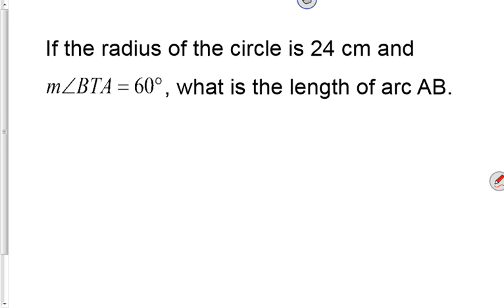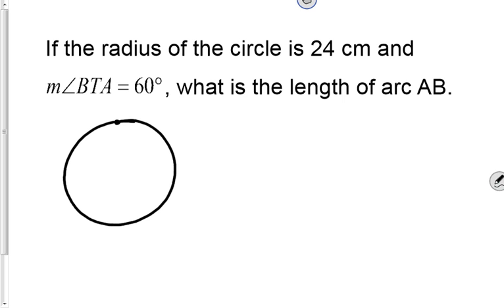Now let's put that formula to use. If the radius of the circle is 24 centimeters and the measure of angle BTA equals 60 degrees, what is the length of arc AB? So let's do a quick visual here. Okay, so we have a circle, and we have the measure of angle BTA is 60 degrees, and we have arc AB.